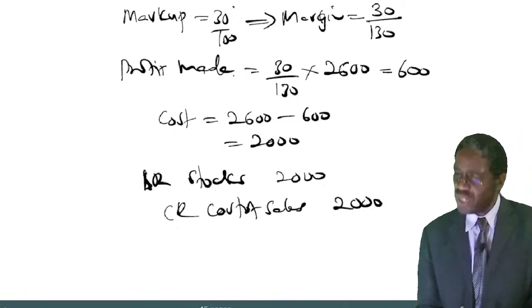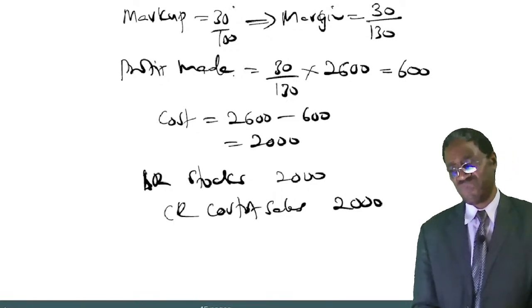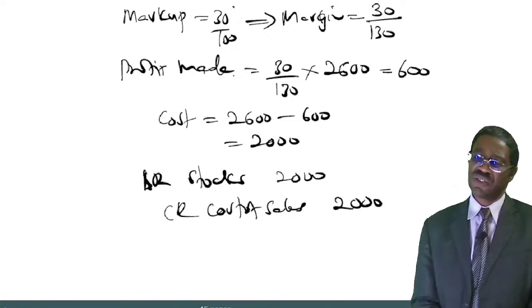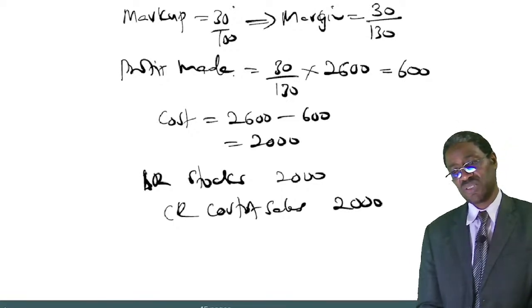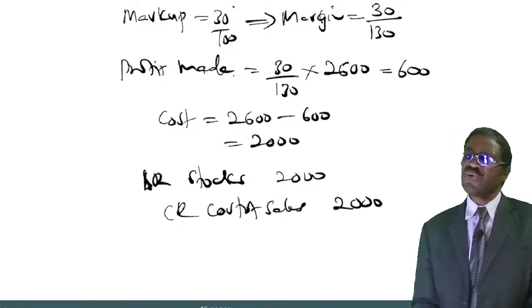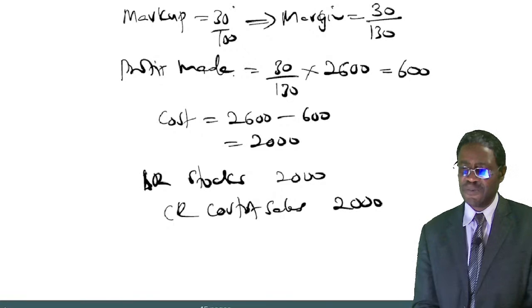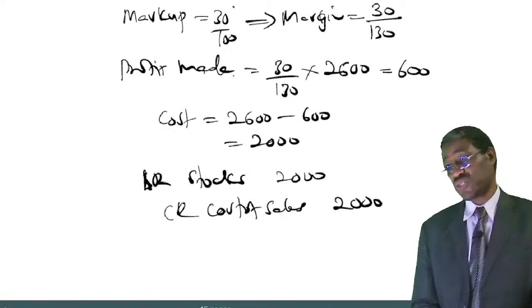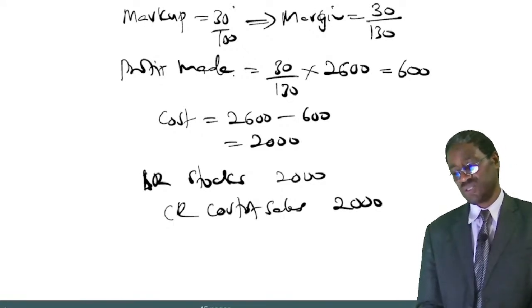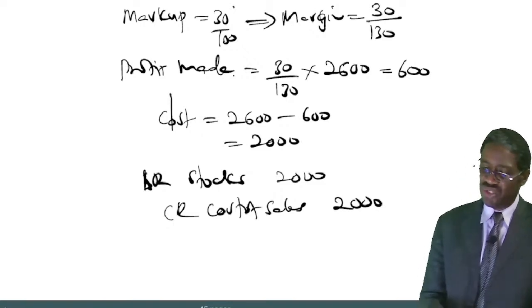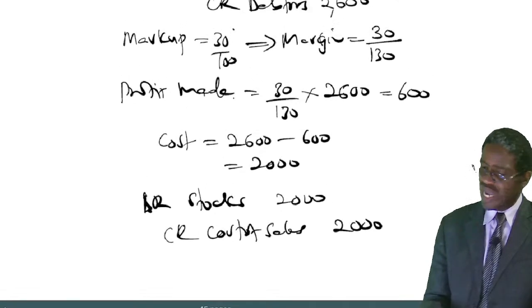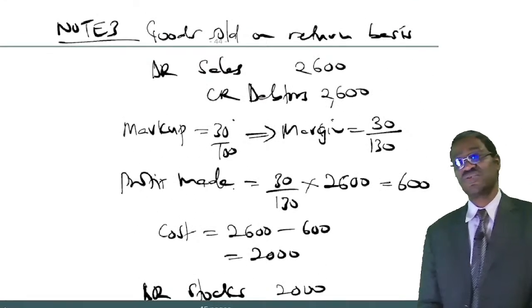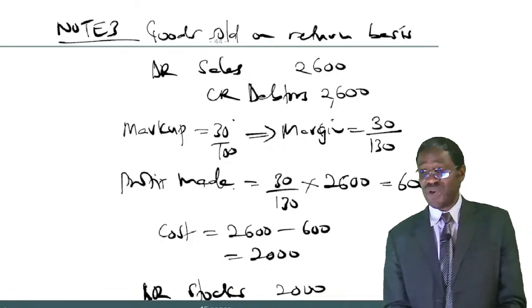Listen. When we shall be doing the income statement of this company, it is obvious we shall have to correct their cost of sales. We shall reduce their cost of sales. When we shall be doing the balance sheet of this company, we shall have to increase their stocks by another 2,000. Earlier, I had already told you, when the goods were sold on sale or return basis, actually there was no sale. So I told you, we shall have to reverse the entry.